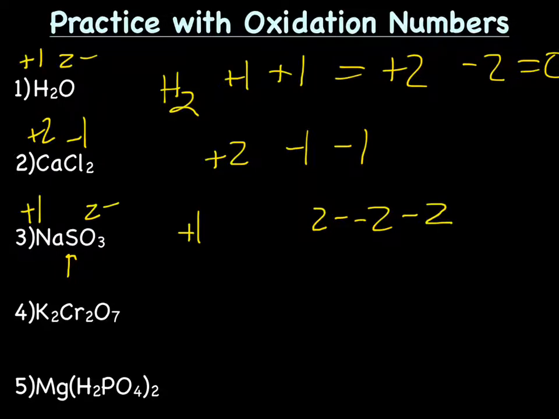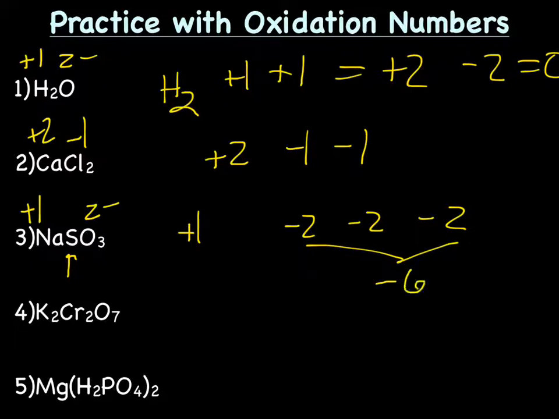Let me try that again, make that a little bit more clear. We have 2-, 2-, 2-. So we have a total of -6, and we have a total of 1+, which means the sulfur's oxidation number has to be +5, so that it adds up to being neutral. So we'll put that as plus 5.